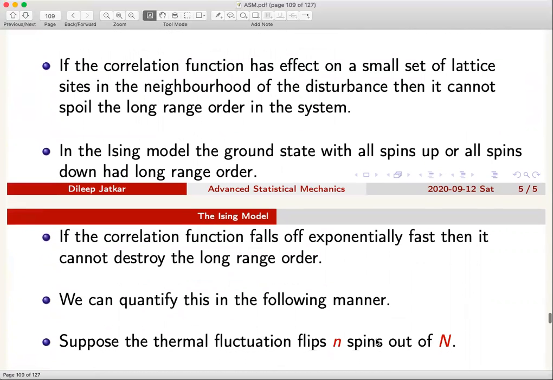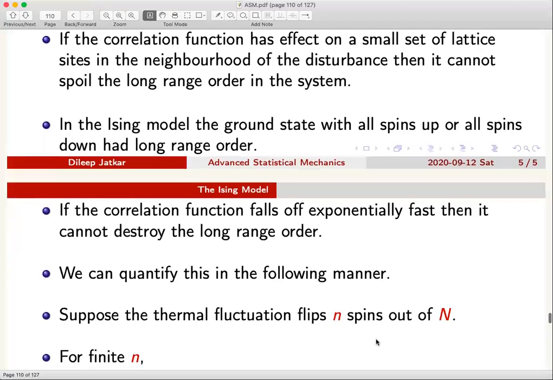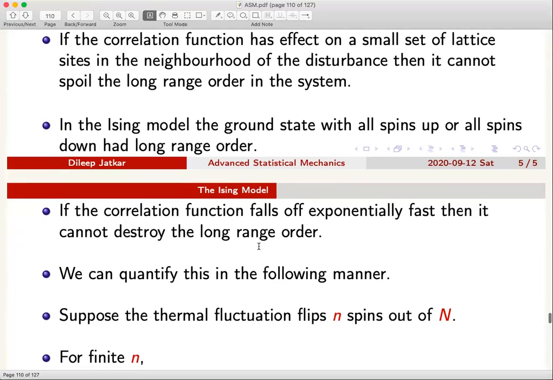Now if in that system you have a 2-point correlation function which is falling off exponentially fast, then you typically assign a size to such a function by saying that from its maximum value, if the amplitude drops by a factor of e, then that is the typical size over which the function has good influence.